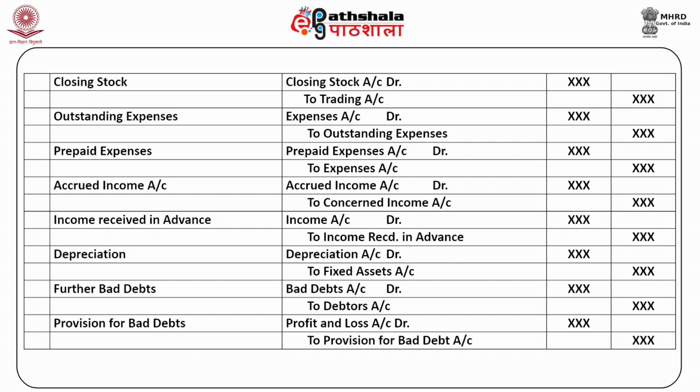Income received in advance, income account is debited to income received in advance account. Depreciation account is debited to the credit of fixed assets. Further bad debts account is debited to the credit of debtors account. Provision for bad debts, profit and loss account is debited to the credit of provision for bad debt account.